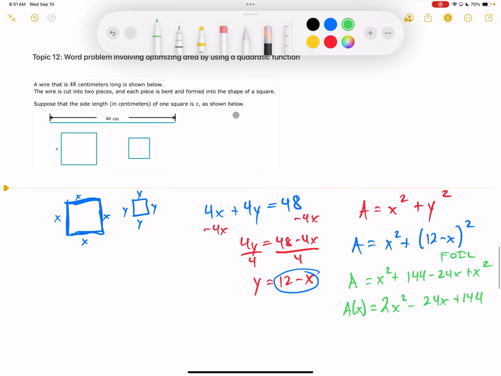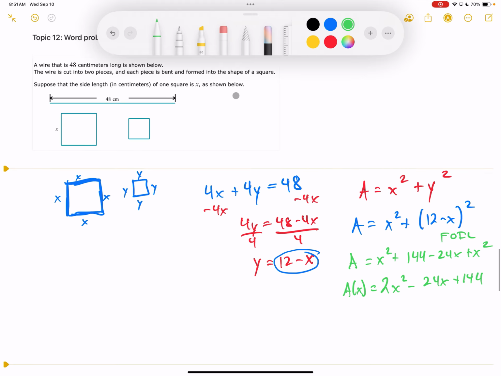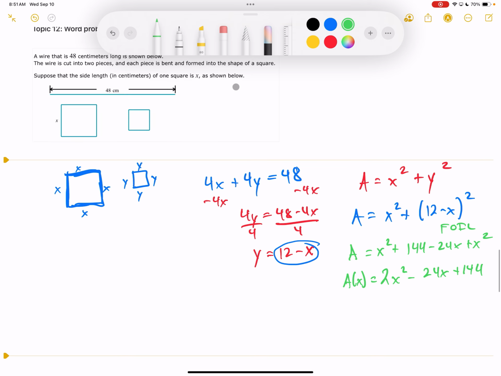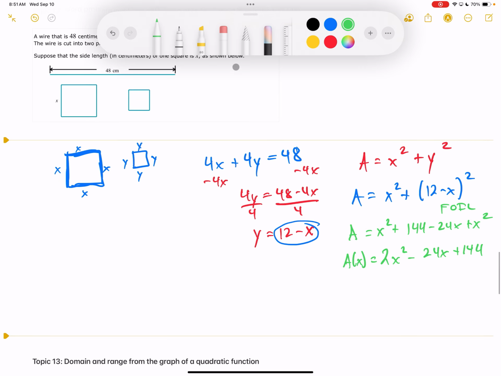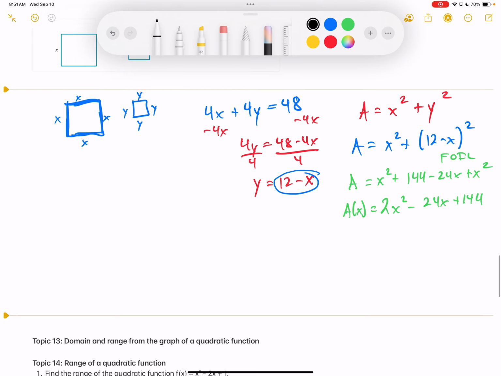I didn't write down what the question says on this. Are we trying to minimize or maximize? This one says to minimize, so we'll go with minimize. Finding the side length to minimize. So now from here, we got to do the vertex stuff.